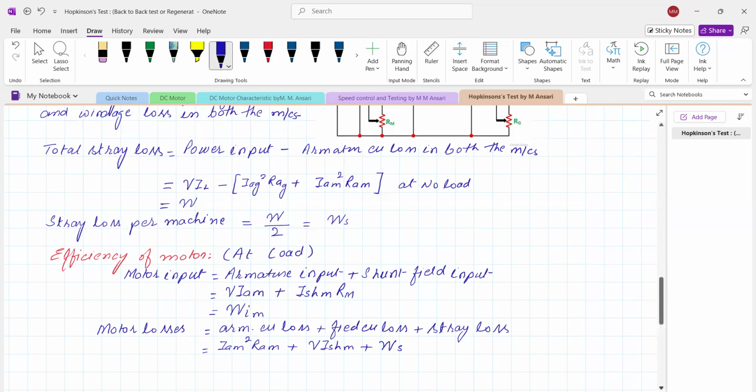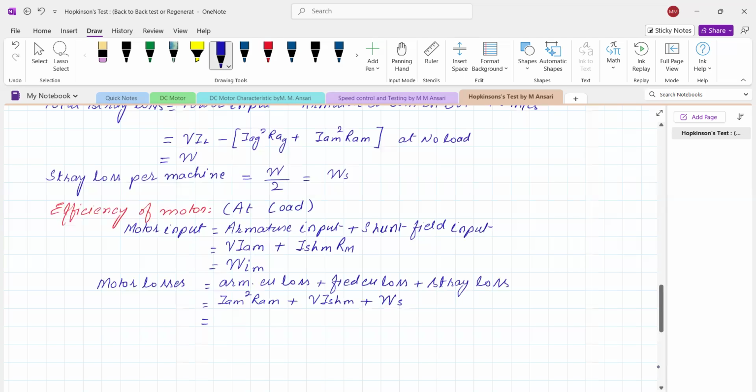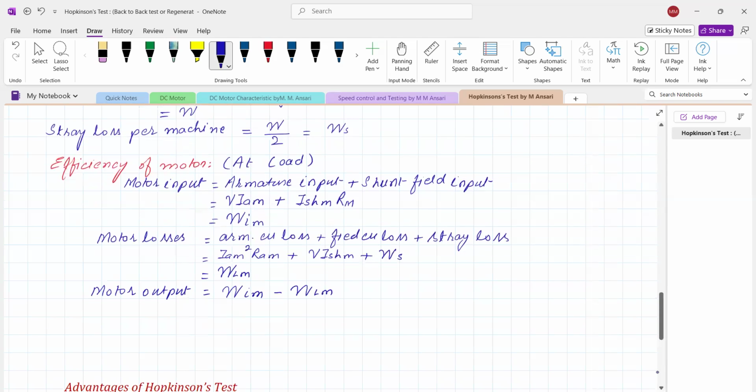We give the name WLM, the motor loss. Motor output is WIM minus WLM, and therefore the efficiency of the motor is WIM minus WLM divided by WIM into 100.